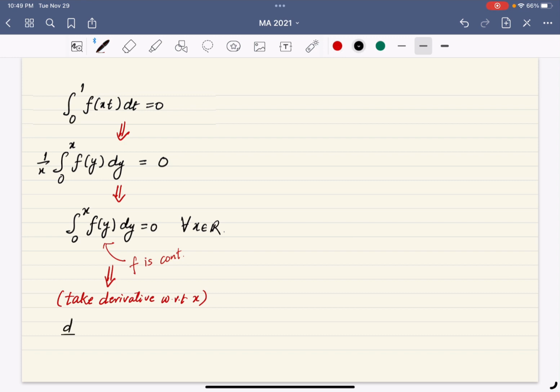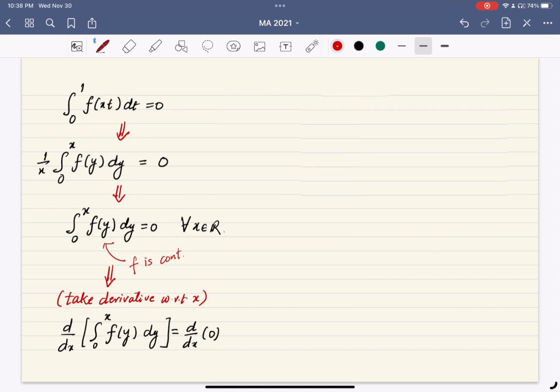So we have d by dx of the left hand side, which is integration from 0 to x of f of y dy, equal to d by dx of the 0 function. Now the fact that the left hand side is a continuous function implies that the derivative is given by f of x, which is equal to 0 now. This is known as the fundamental theorem of calculus.